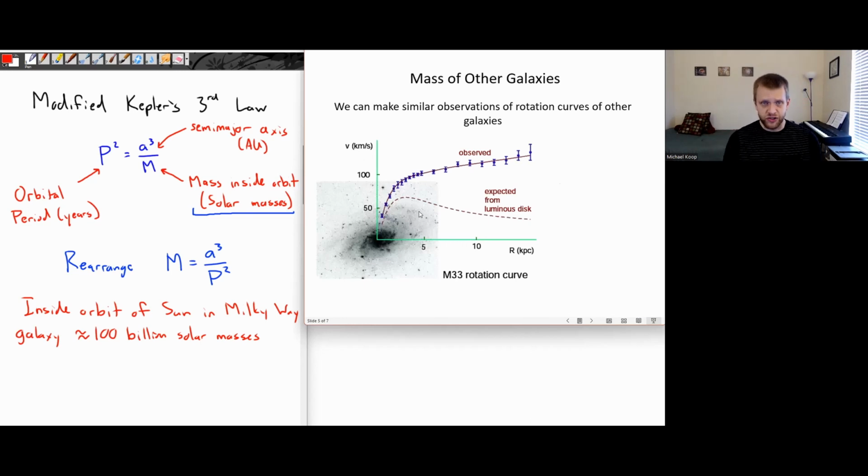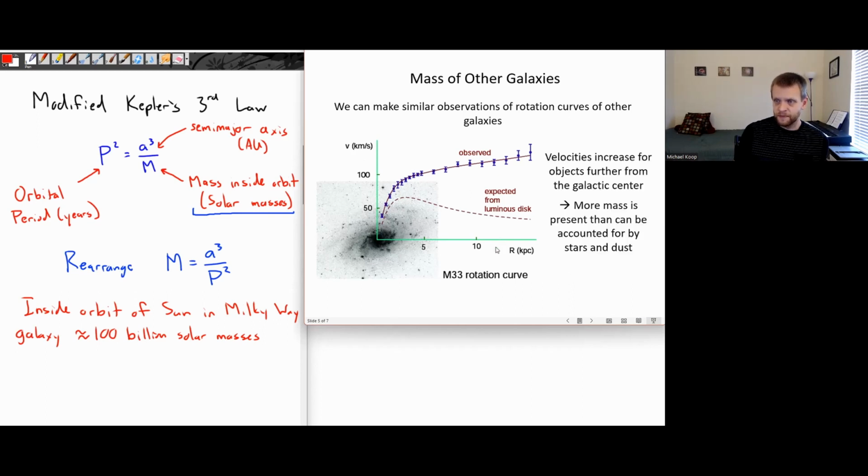Maybe our galaxy is just a fluke, but when we look at other galaxies and do the same kind of measurement, saying these are the stars that we see, these are the gas and dust clouds that we see, these are their estimated masses, we can predict what the orbital speeds of all of these objects should be at different points in the galaxy. But what we actually observe is, again, very different when we look at basically all different kinds of galaxies.